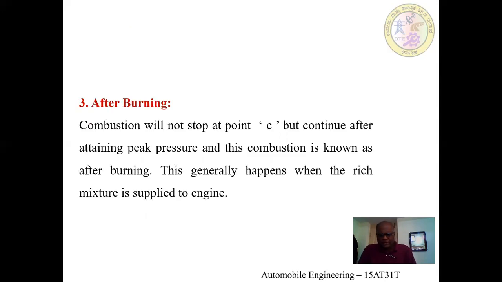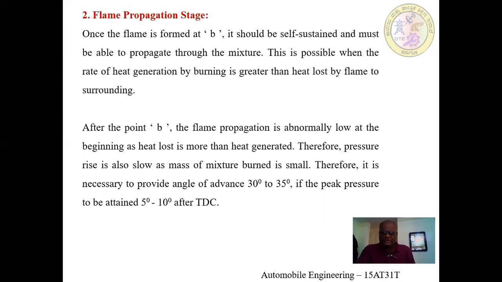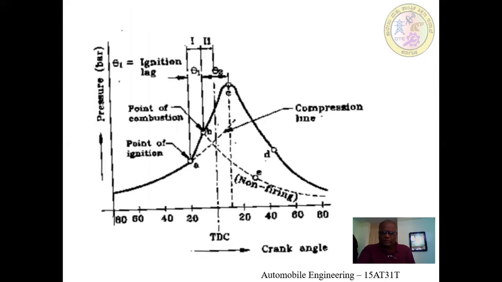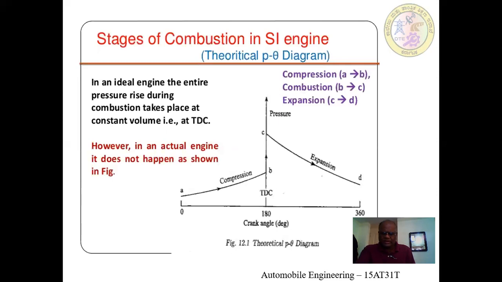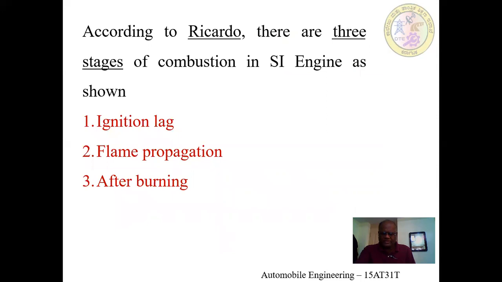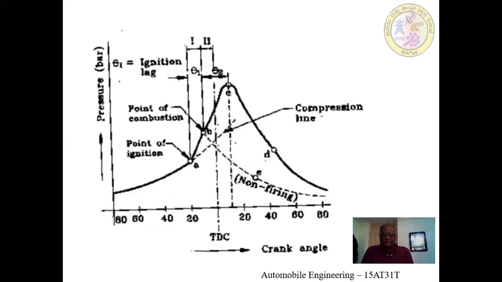Now, once again, I'll repeat the whole process of how the combustion takes place inside the combustion chamber of an IC engine. Spark is delivered. During this, the air fuel mixture inside the combustion chamber gains the temperature to burn on its own.